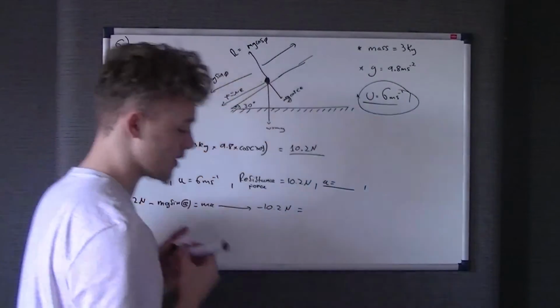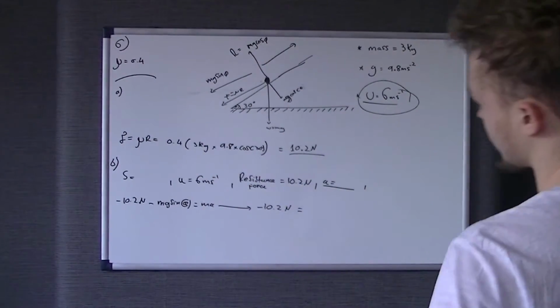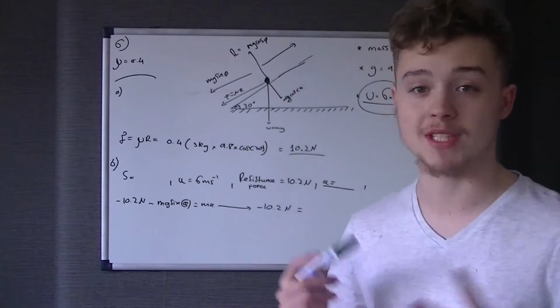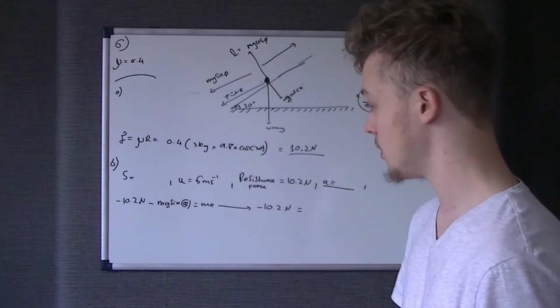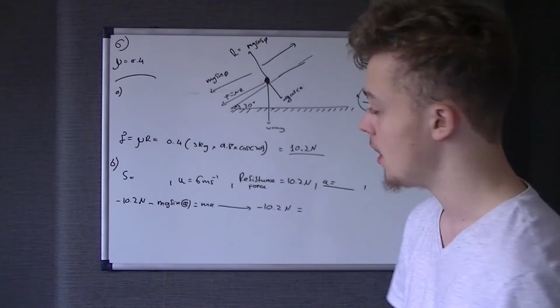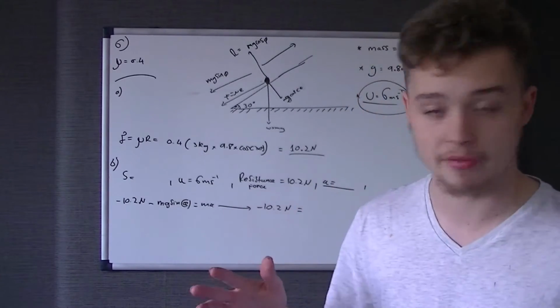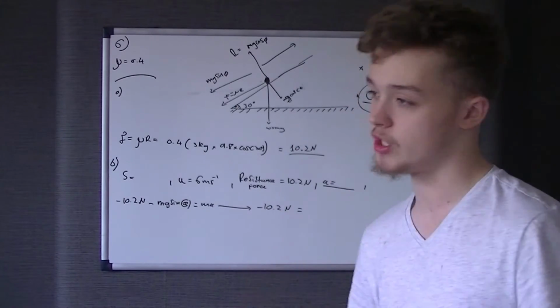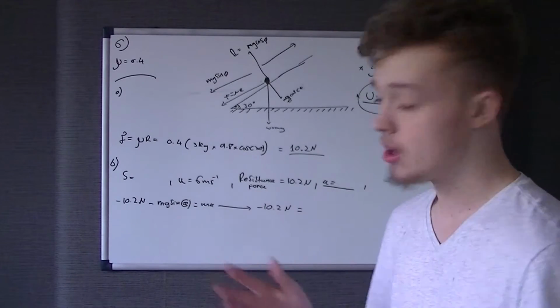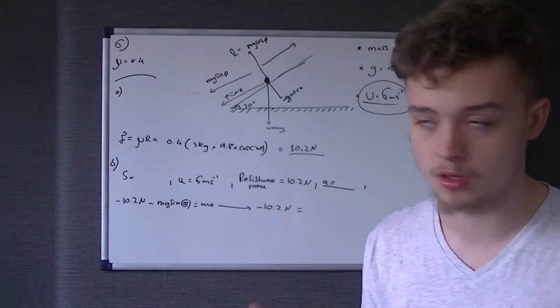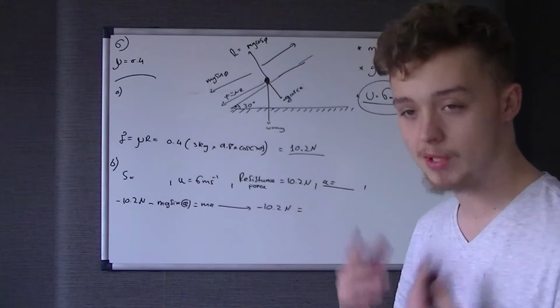And the reason we've done minus on both of them is that what we want to end up with is a negative resultant force, because that means we'll have a negative acceleration. Don't get worried about the fact that we're having a negative resultant force. How can we possibly have a negative resultant force? That's because the resultant force is going in the opposite direction to the motion. That's why we'll end up with a negative.